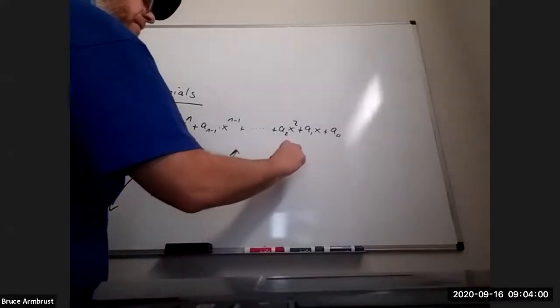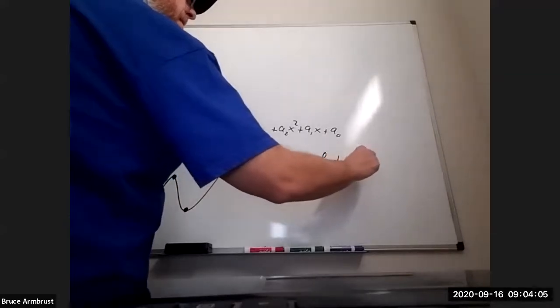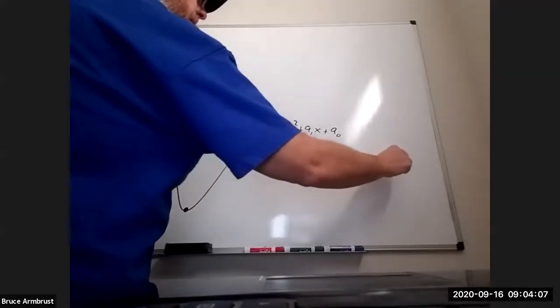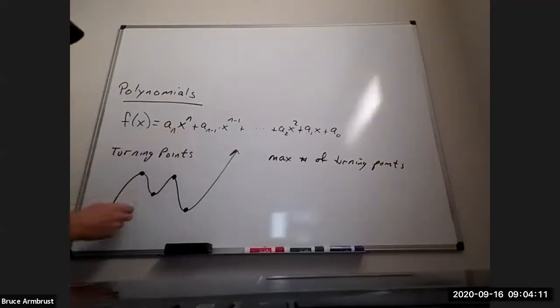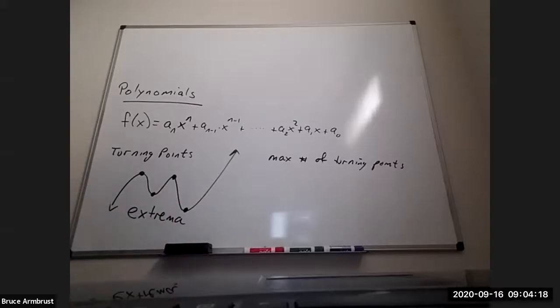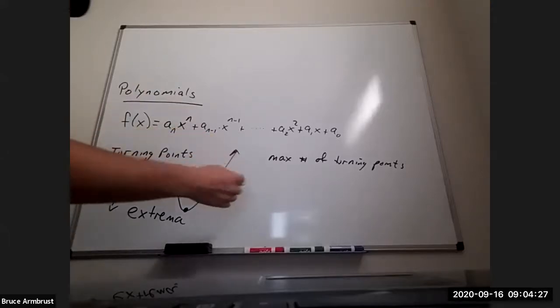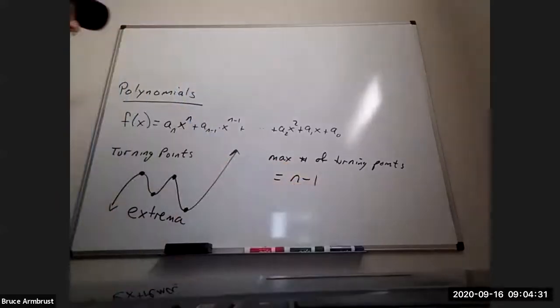So the maximum number. The actual name for these turning points, I might as well mention it now because we'll see them later, is extrema. It's the plural of extreme. So this would have four extrema. But anyway, the maximum number of turning points is equal to n minus 1.